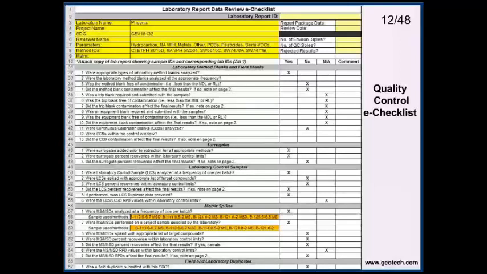Or another reason is that some projects require a third-party validation. So the consultant will take the samples, send them to the lab, load them into a database, and then a validator will review the data and assign their validation flags and notes, and then that gets brought into the database separately. So there's a lot of different ways this has to be done, depending primarily on what the project rules are.